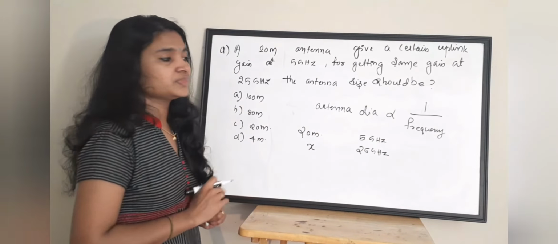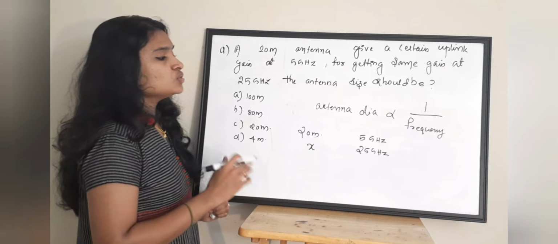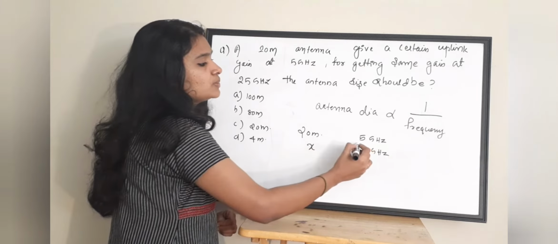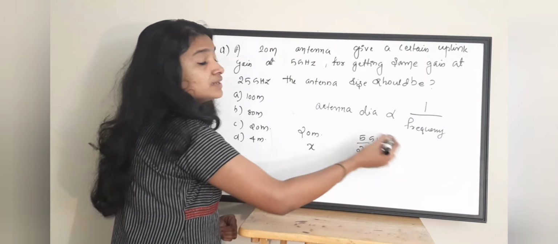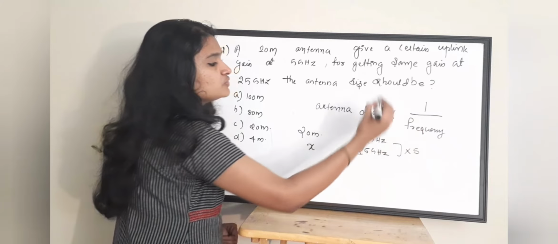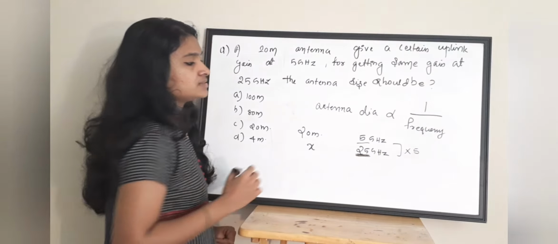The simple technique is that the frequency was earlier 5 GHz and it is multiplied by 5 to get 25 GHz.